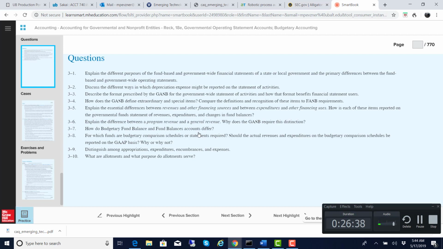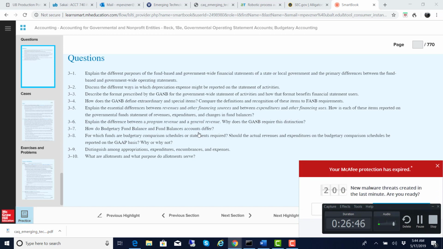On pages 94 and 95, in particular on page 95, you're given a journal entry to record the budget, where you debit estimated revenues, credit unallotted appropriations, and the difference is the budgetary fund balance. As opposed to, if you don't use allotments, you just have appropriations, not unallotted appropriations.